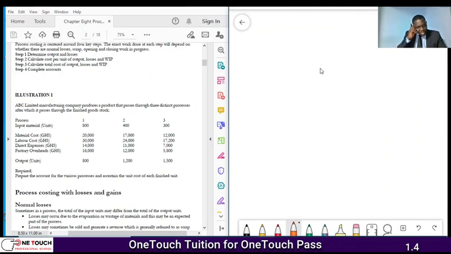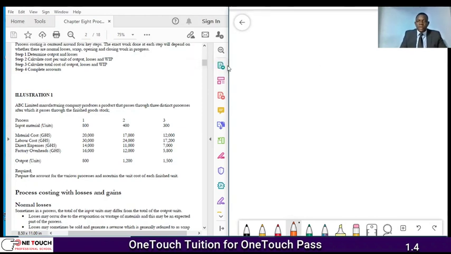Now, how do we go about this? We are required to prepare the accounts for the various processes and ascertain the unit cost of each finished unit. So let's see.